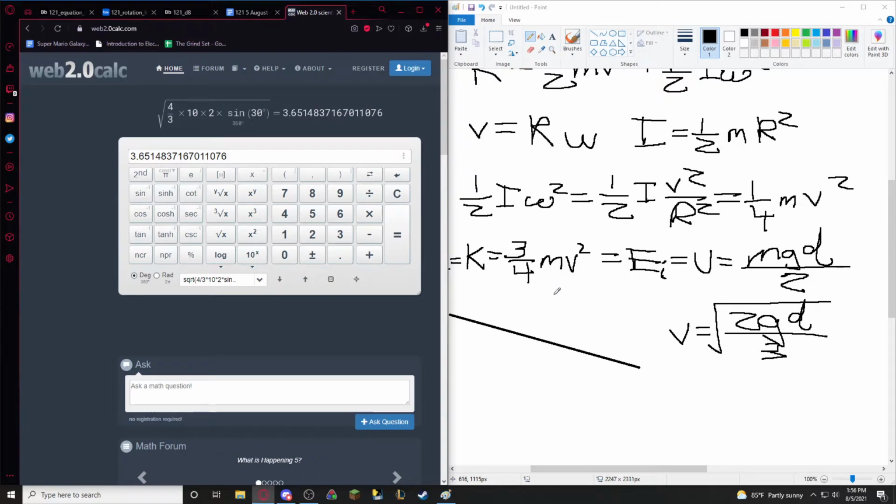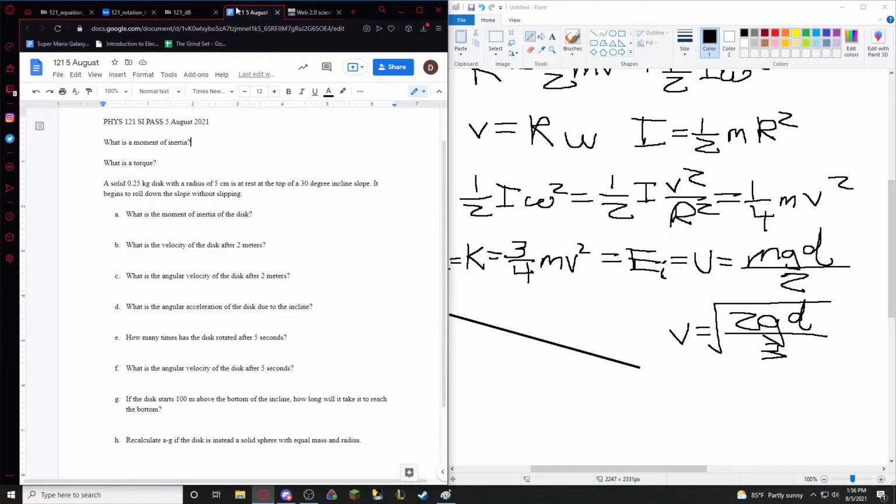We get a velocity of about 3.65 meters per second. So then what would be the angular velocity of the disk after 2 meters? It would be that number times radius, the radius being... Oh, I see my mistake.